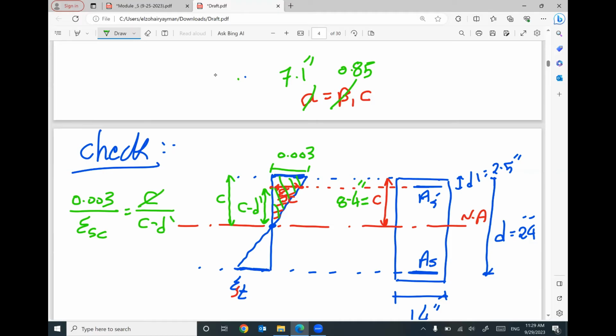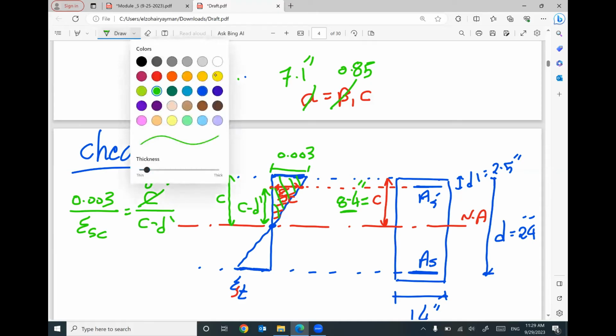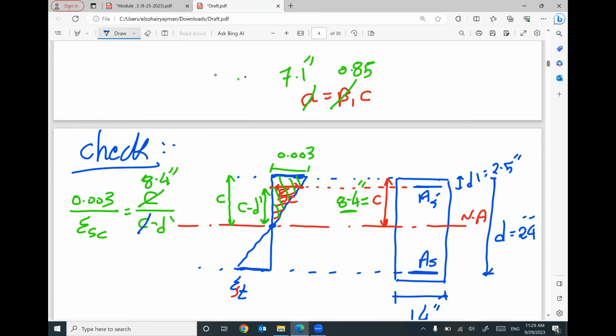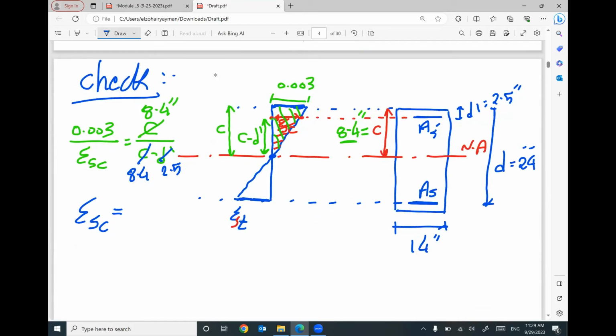So this C equals how much? 8.4. This C is 8.4, and this D prime is 2.5. The only unknown in this expression is the strain in the steel reinforcement under compression.